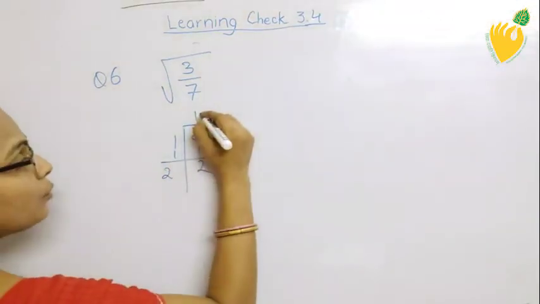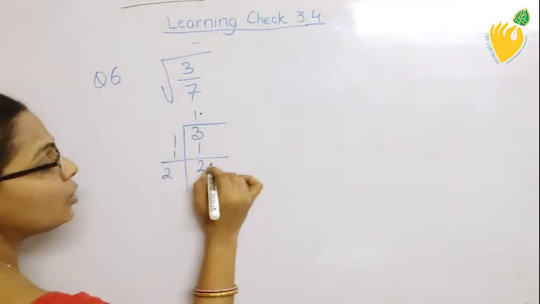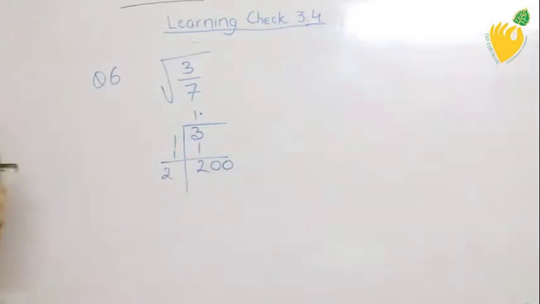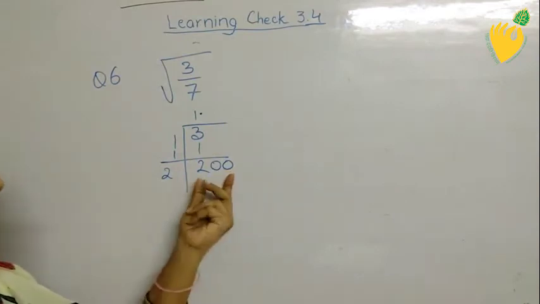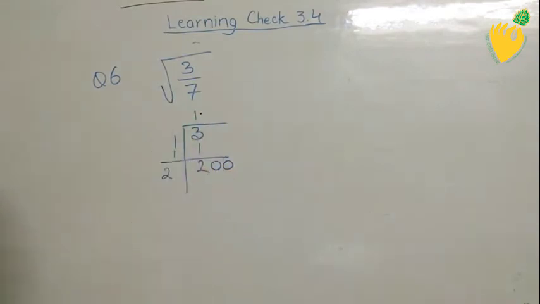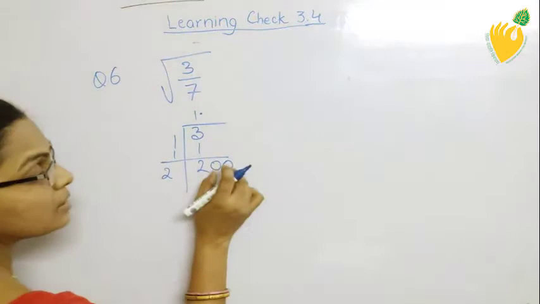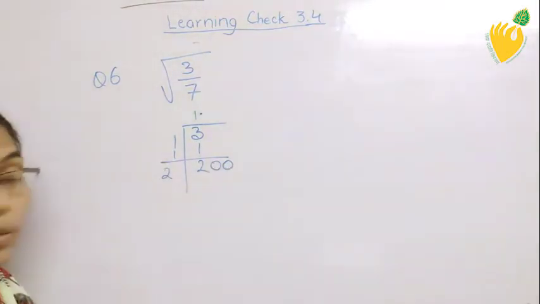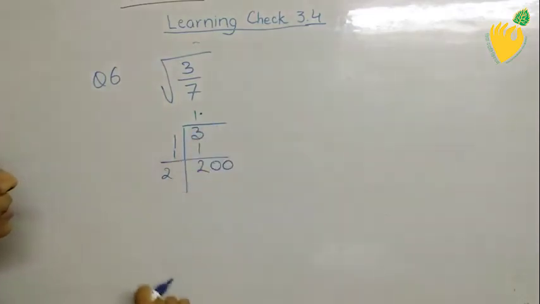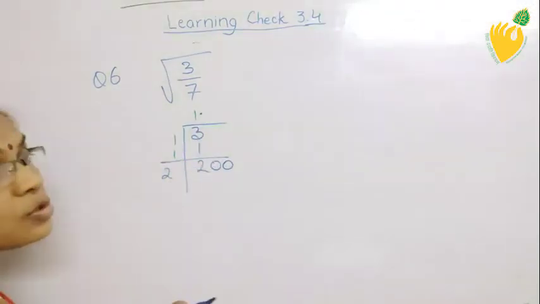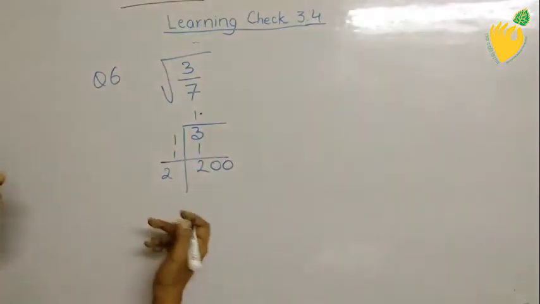You will write a decimal here and note down a pair of 0s. The method to add 0s after any number by putting a decimal is that you have to write the 0s in pairs, not a single 0. This is the difference between a normal division and this division when we find the square root of any number.